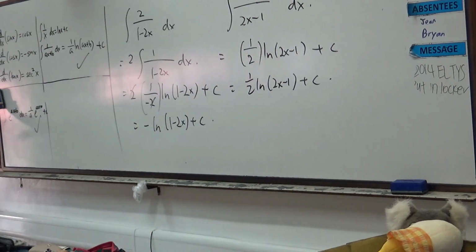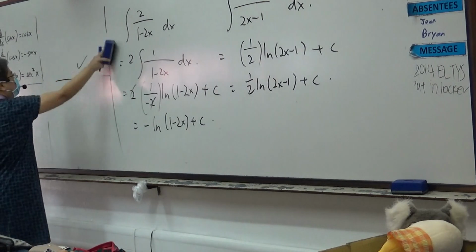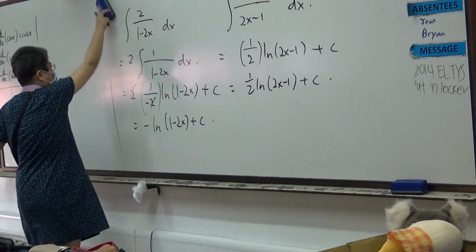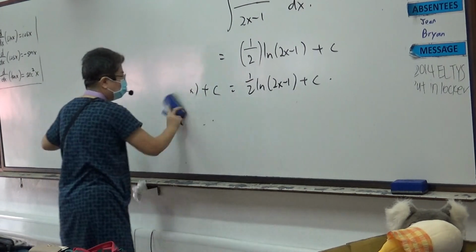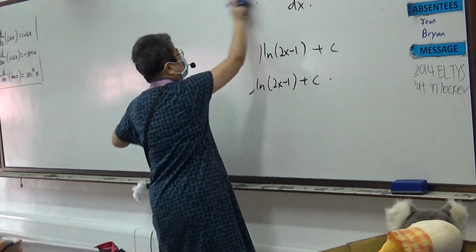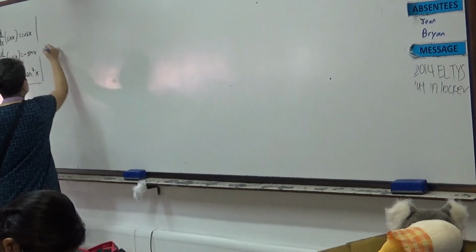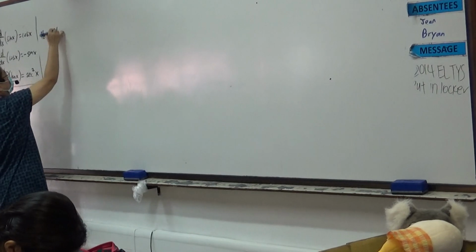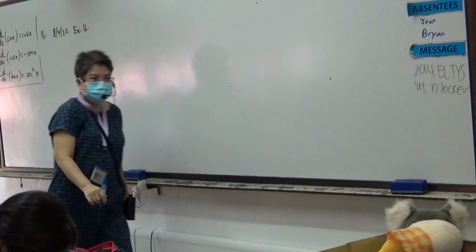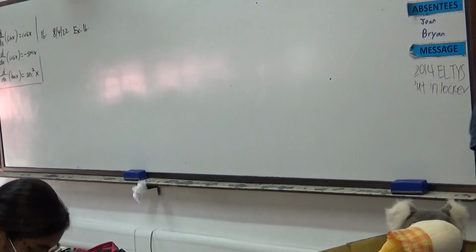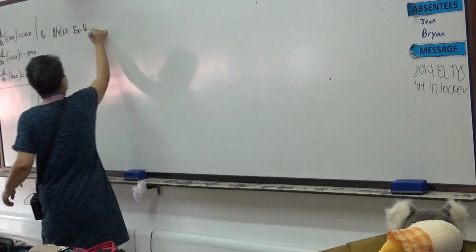So, what is the content page number now on your content page? Not like 16, okay? Today's date is the 8th. Exercise 16.2, right?